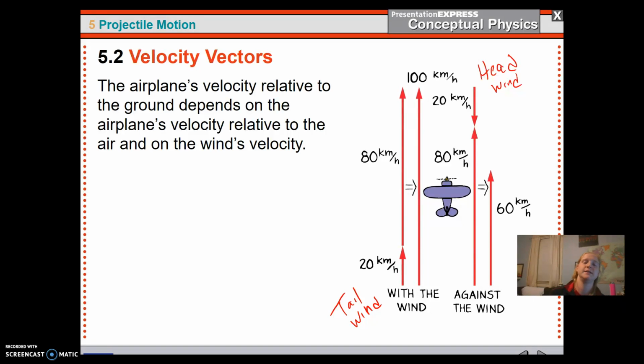The resultant is the sum of two vectors. Even if the sum is like subtracting, we're still like adding. See my quotes? We're still adding those arrows. So the first one, when you have a tailwind of 20 kilometers an hour and you're going 80, you're now moving at 100. But if you have a headwind of 20, you're now going at 60.